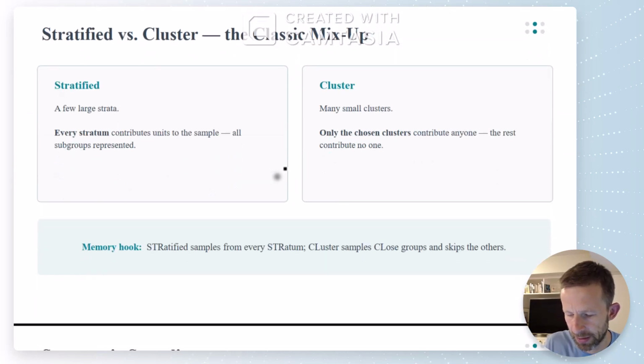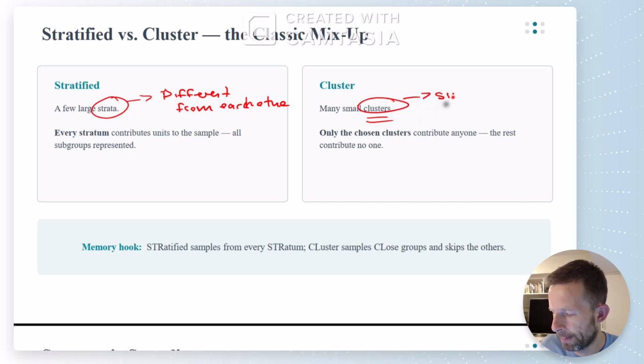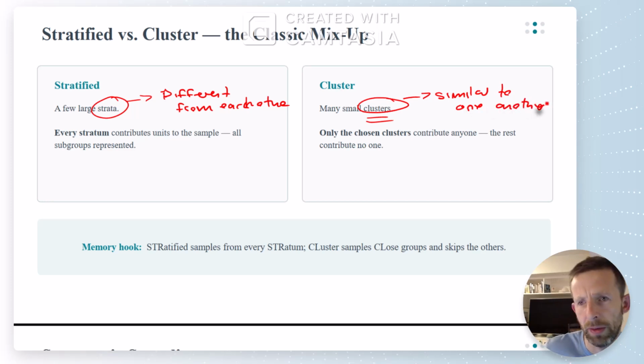Stratified versus cluster. Strata are different from each other, and clusters are similar to one another. So, for example, if clusters are Walmart stores, those are similar to one another.